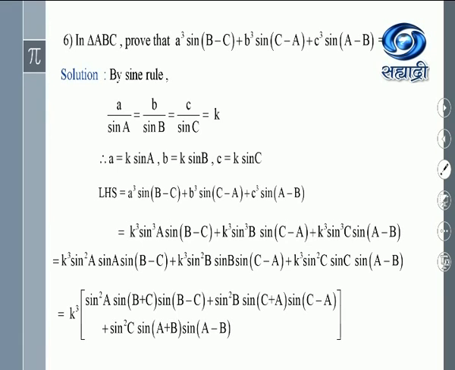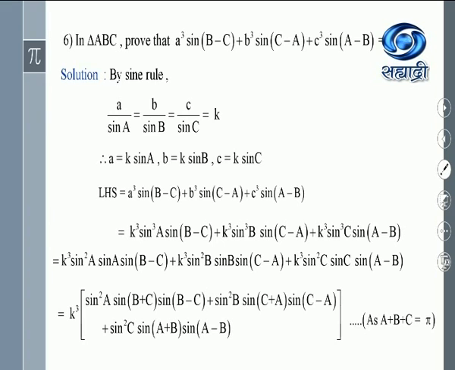Now one more important thing you have to remember for this term. Sine of b plus c into sine of b minus c, sine of c plus a into sine of c minus a, and sine of a plus b into sine of a minus b. Actually, this is homework for you. You solve this and try to find out an identity. After simplifying, you will get k cube outside the bracket, remember?